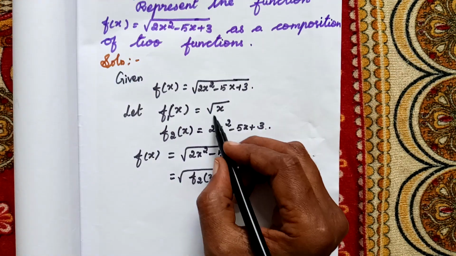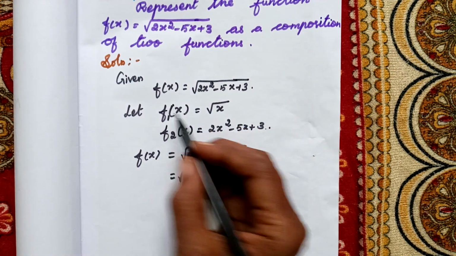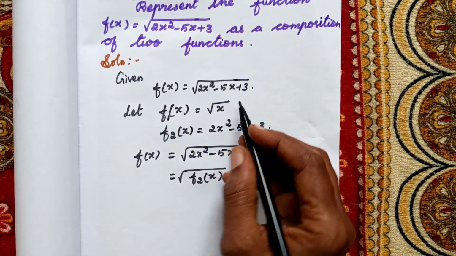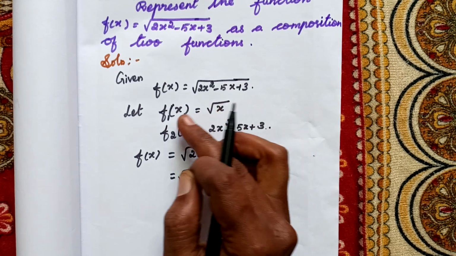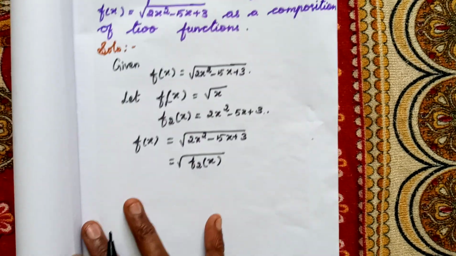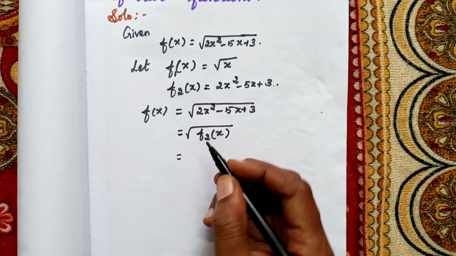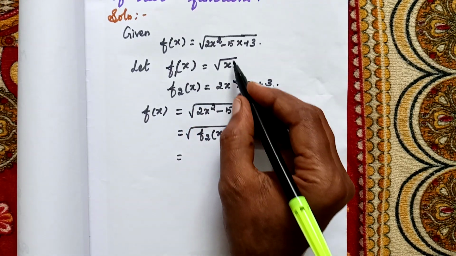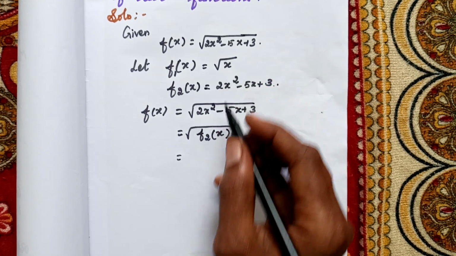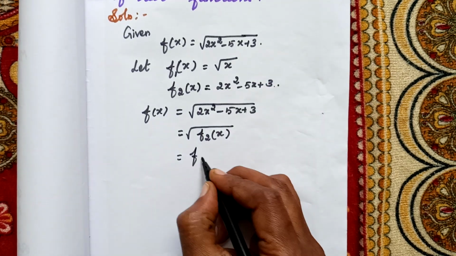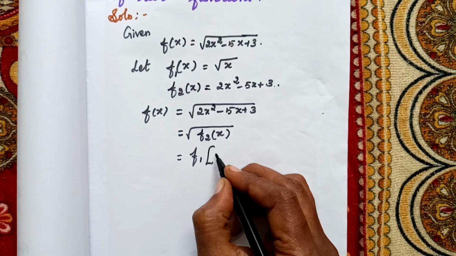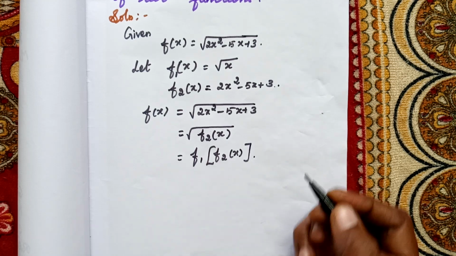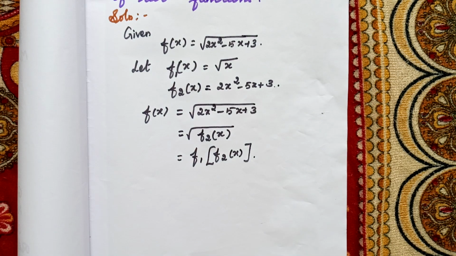Next, root x means f1(x). So root of f2(x) means f1 of f2(x), where x is replaced by f2(x).